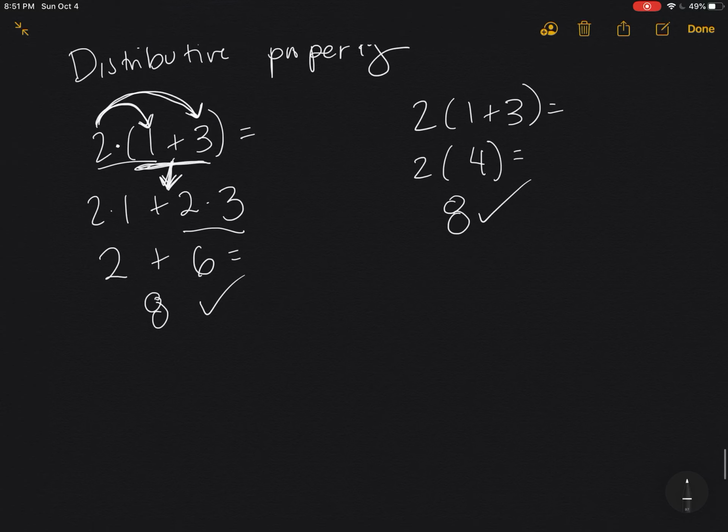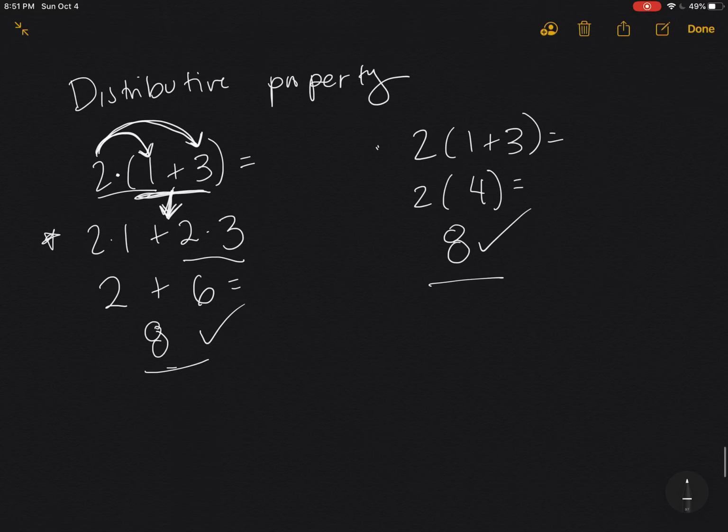So you can see that doing it either this way, the distributive way, or this way, we're going to get the same answer either way. Again, this looks really pointless when we're using real numbers.